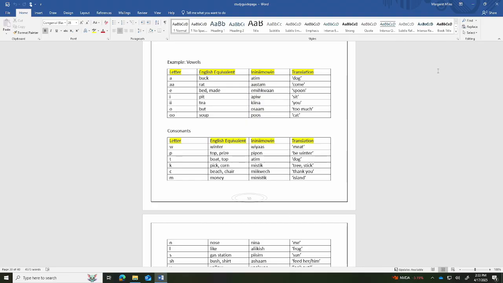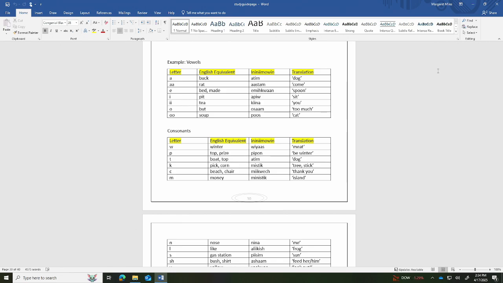L, sound like. Aligish, meaning frog. S sound as in gas station. In the Nimuan language, bisim, meaning sun. The SH sound, like bush and shirt.